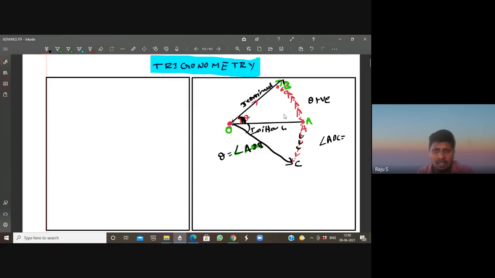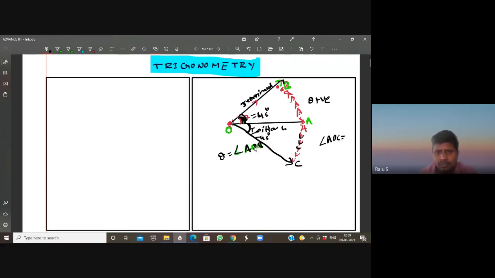Like if some theta value is 45 degrees, in the clockwise direction we get minus 45 degrees. So the angle should be negative. Okay, positive and negative angles, right, students?